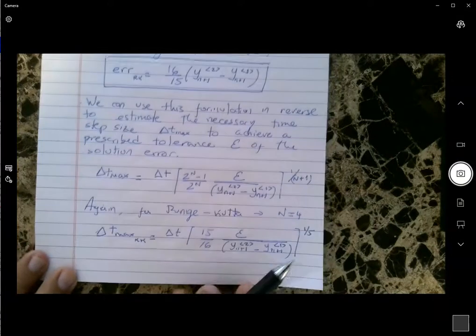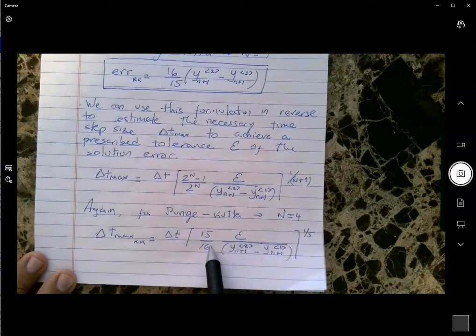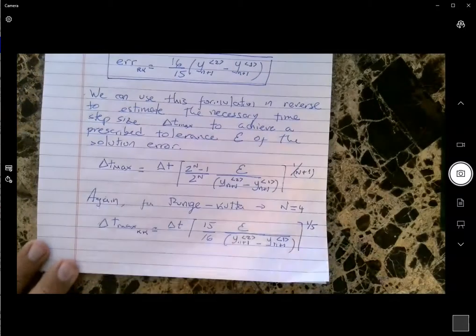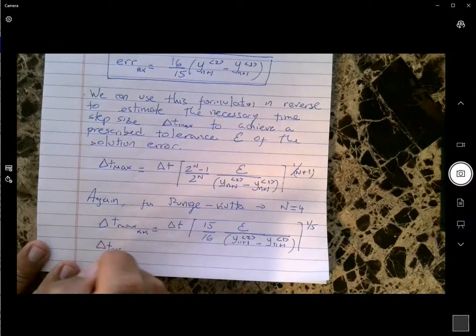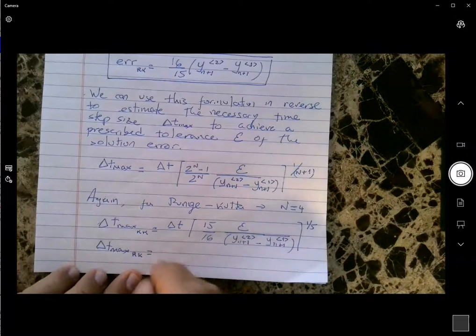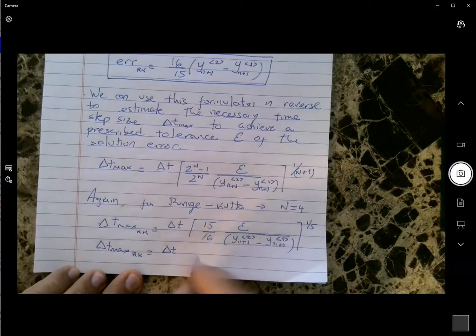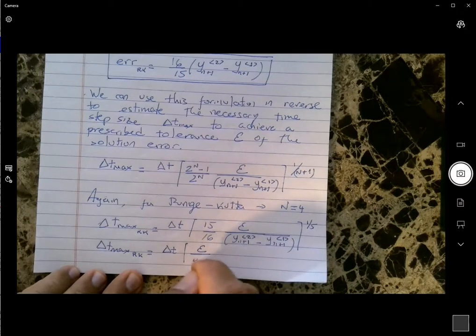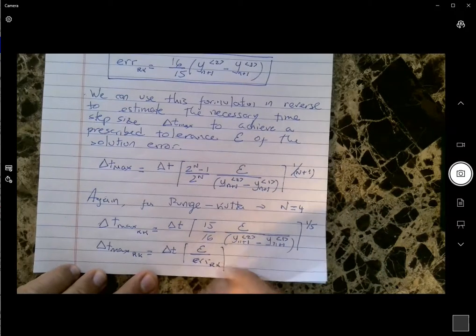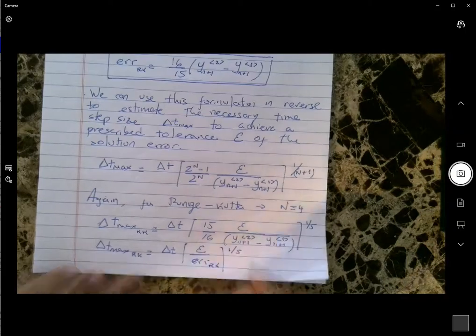Or you can identify that 16/15 of the difference between the two approximations is equal to the Runge-Kutta error. So basically, the delta T max for Runge-Kutta is equal to delta T, the delta T that you use in evaluating these approximations, times the tolerance divided by the Runge-Kutta error to the power of 1/5.